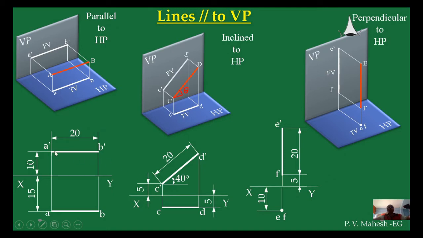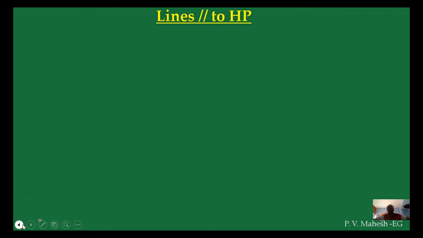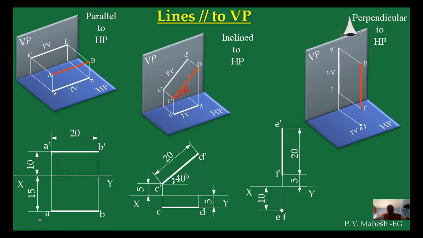Okay, here this is parallel to HP, this is inclined to HP, and this is perpendicular to HP. So this is the one point you have to remember.